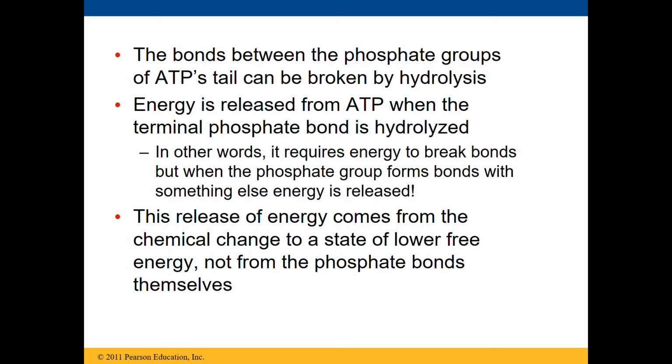Okay. So this release of energy comes from the chemical change to a state of lower free energy, not necessarily from the phosphate bonds themselves, right? We create a product that has less energy than the reactant.